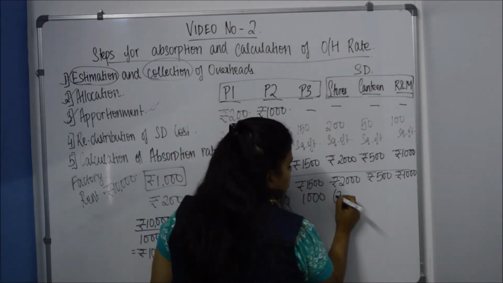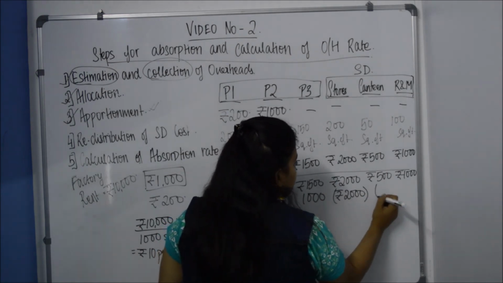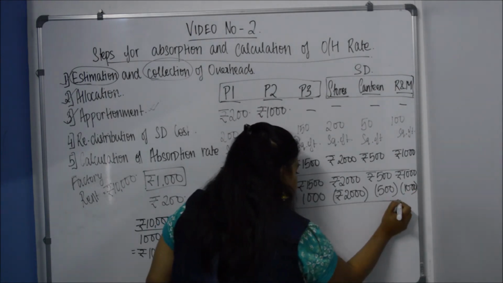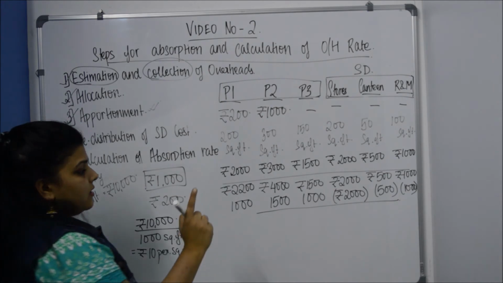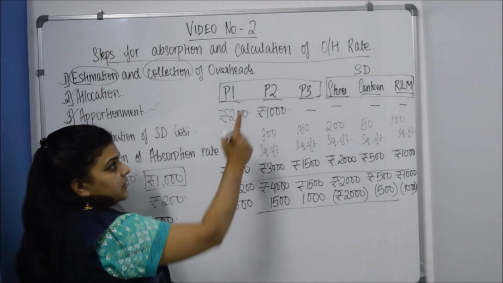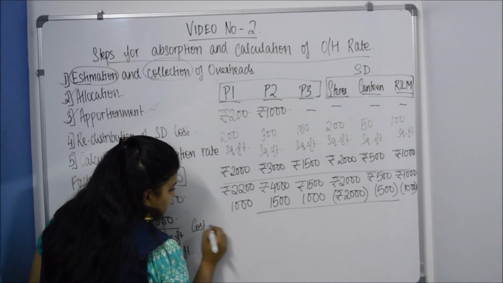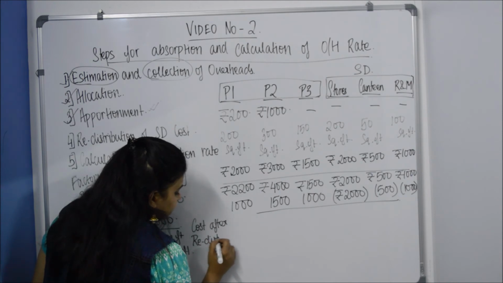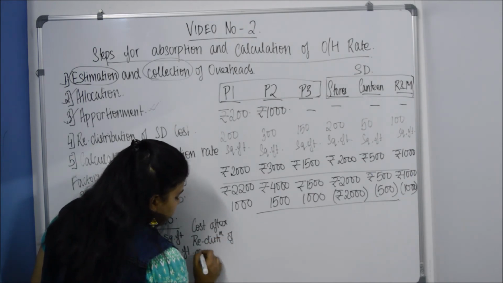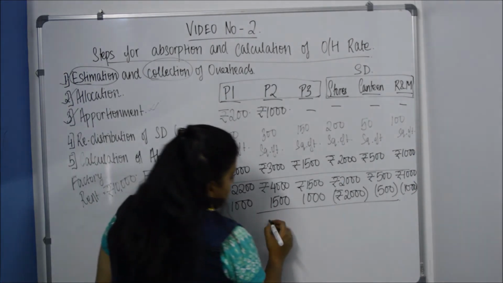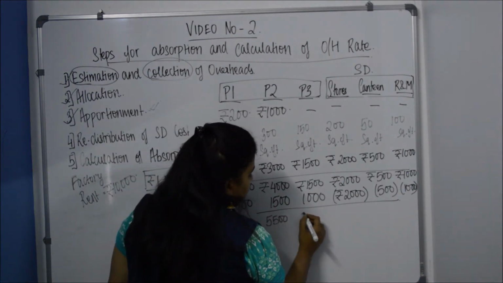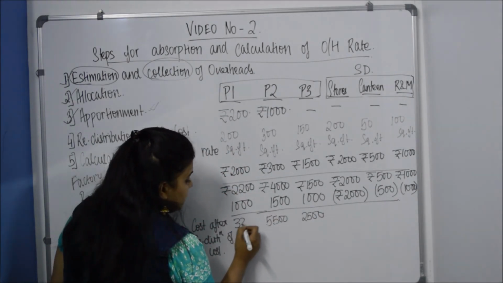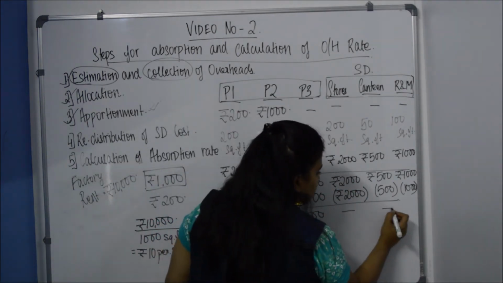So these become negative 2,000, negative 500 and negative 1,000, and the cost after redistribution of service department cost becomes rupees 5,500, rupees 2,500, oh here one more, that is rupees 3,200, and this becomes 0, 0, 0.